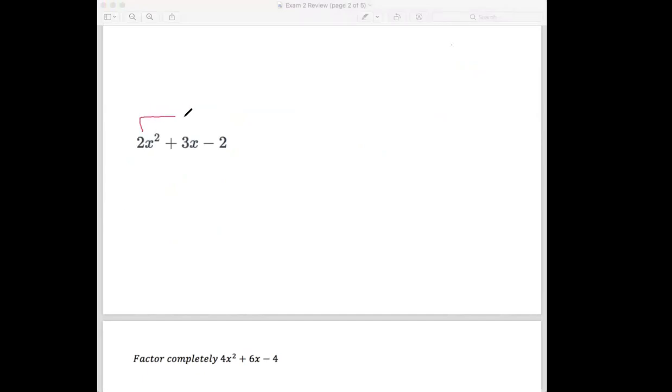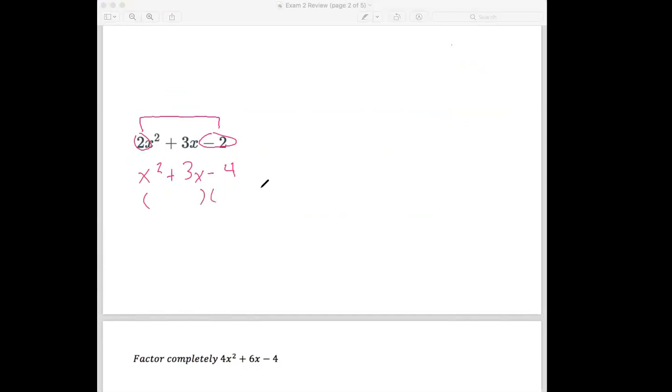Okay, A times C. Drop the A. X squared plus 3x minus 4, right? Because 2 times negative 2 is minus 4.